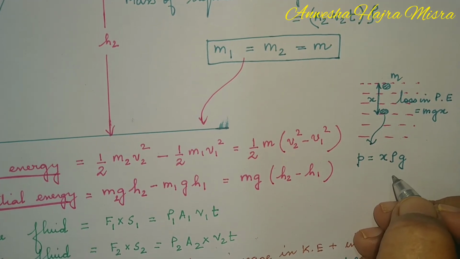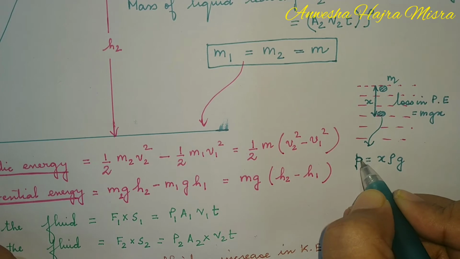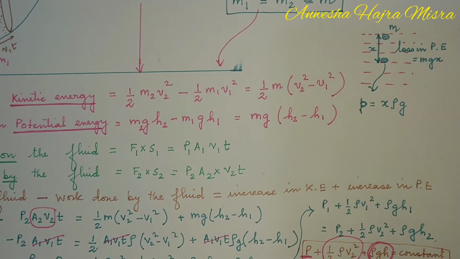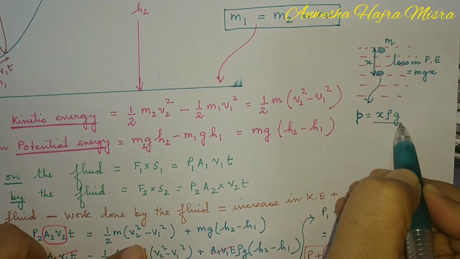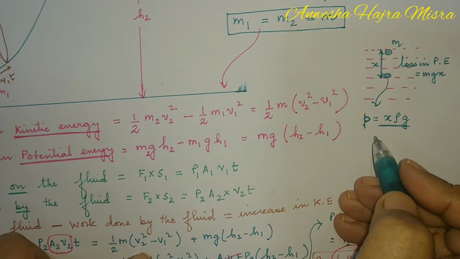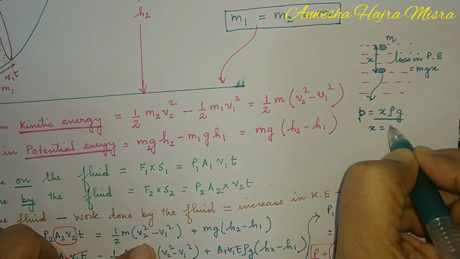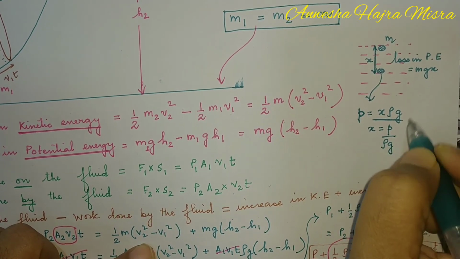Now, pressure is x rho g. At a depth x, pressure increases by x rho g. Now, if I find the value of x, it is pressure divided by rho g.